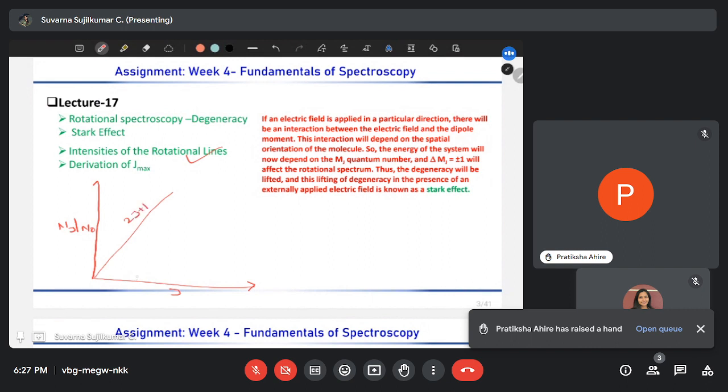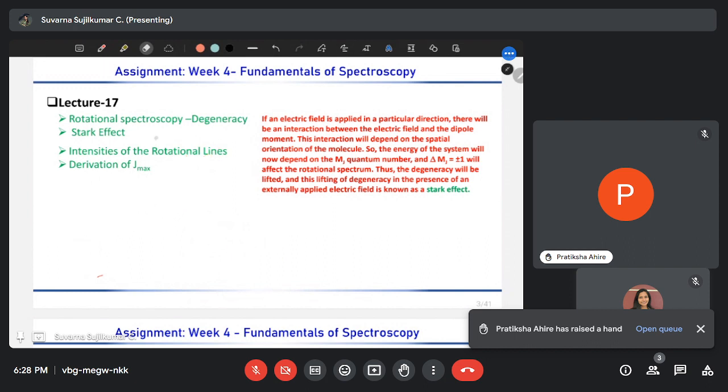With increasing value of J, we will have a distribution with the maximum where d by dj of nj by n0 equals 0. At this point we will get j max, right? And this graph represents the variation of the difference in the energy. That is, e raised to minus delta E divided by kT can be represented as the exponential decrease in the graph.